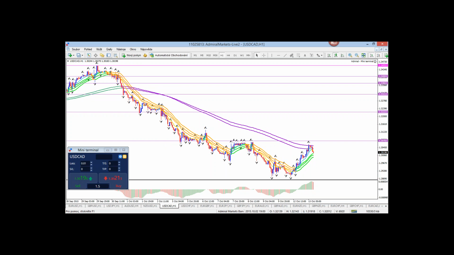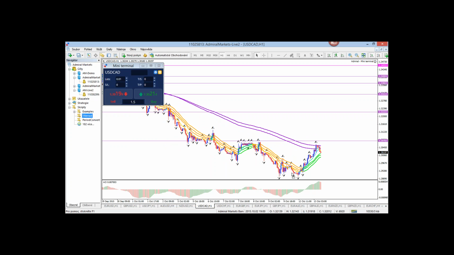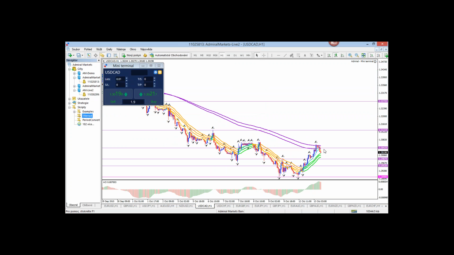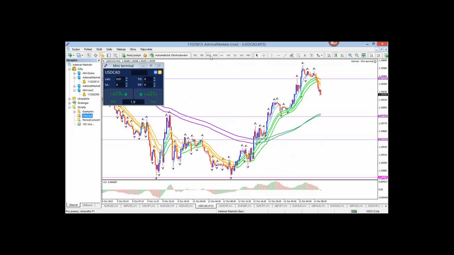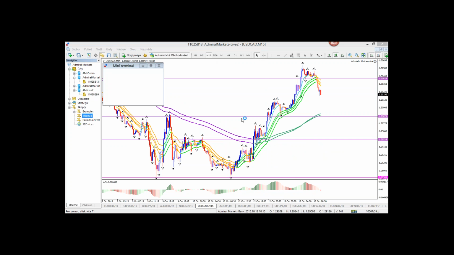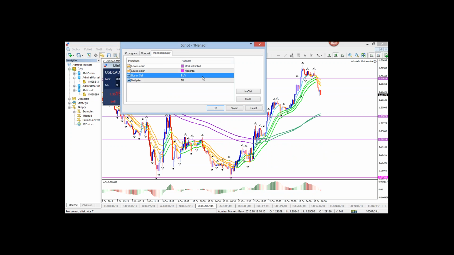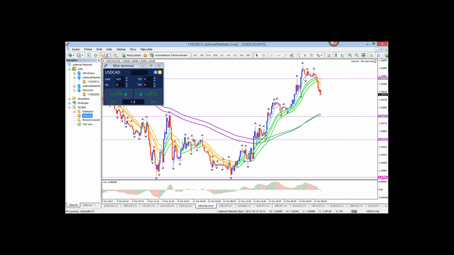And let me see how far the correction has gone. The correction has reached level 3 roughly. So this could be a bouncing spot again. So if I dive into the 15-minute chart, let's see how far it has gone.